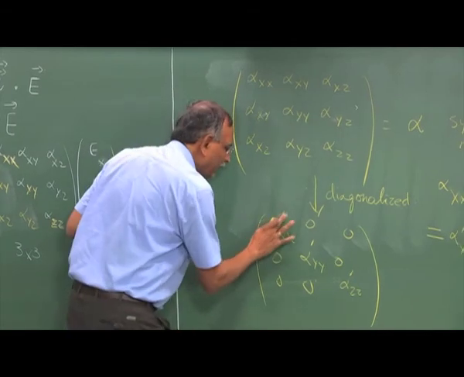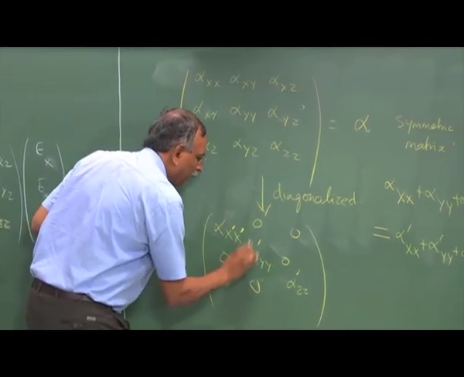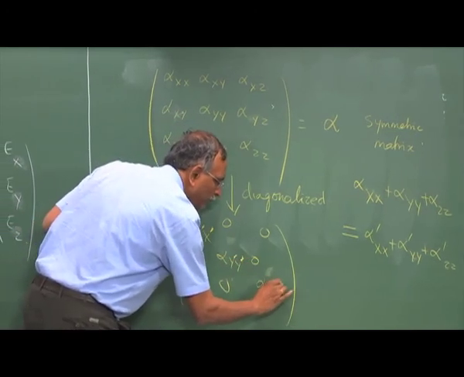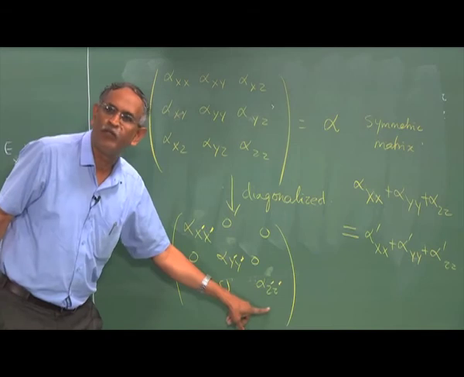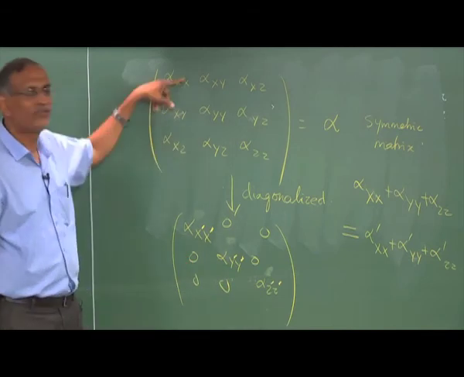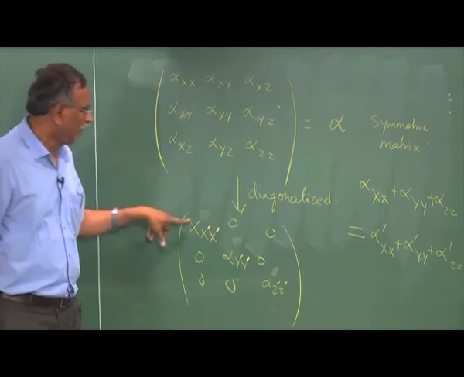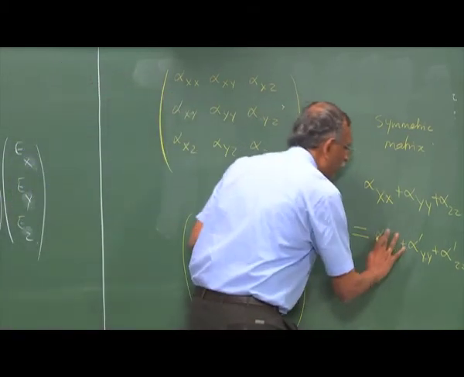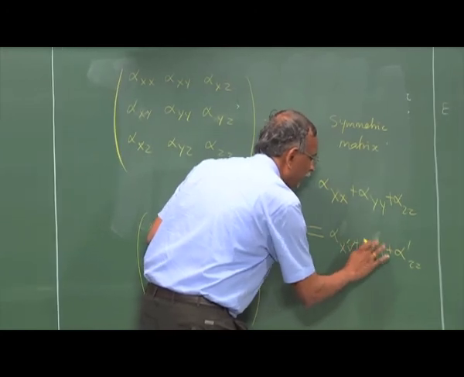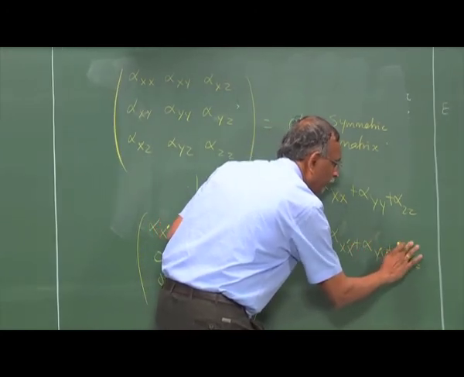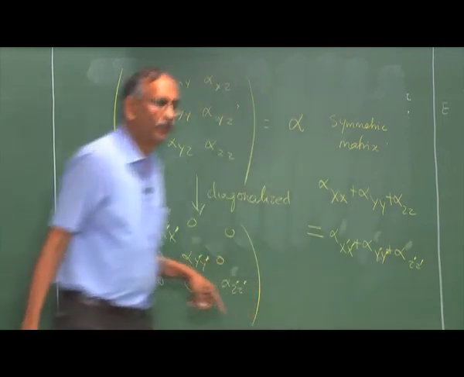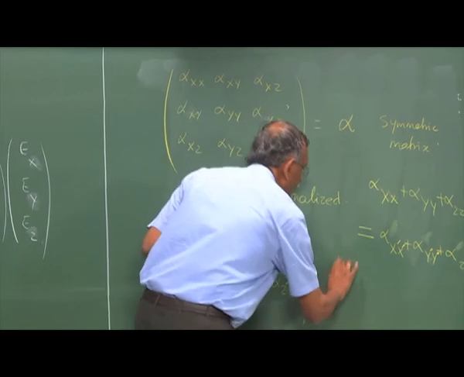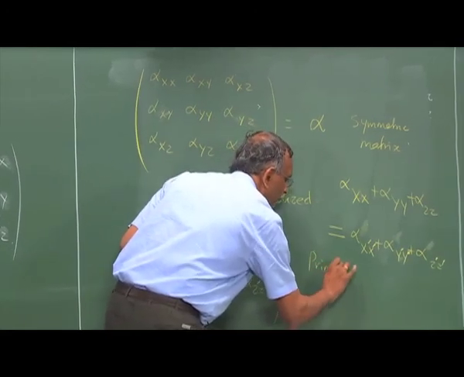Okay. So better would be to write this as x prime, y prime, z prime to indicate that we have a new axis system. This is some fixed axis system, and in the new axis system we have only 3 quantities, and accordingly this will also be x prime, y prime, and z prime. This axis system is called the principal axis system.